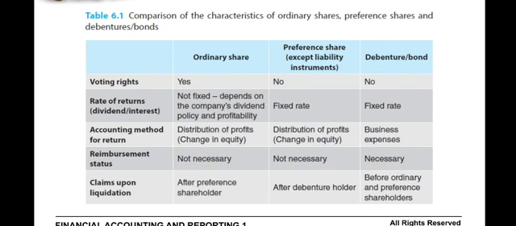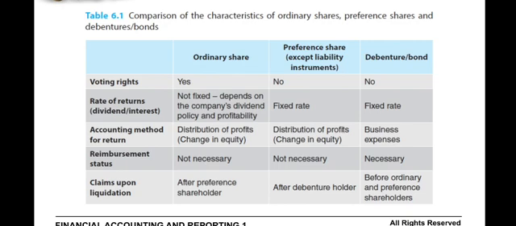The people who own the ordinary share can attend the annual general meeting of the company and can vote in the meeting. But the people who own the preference share do not have the voting right. The bondholder also does not have the voting right.